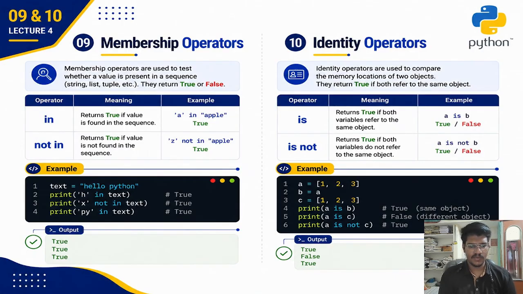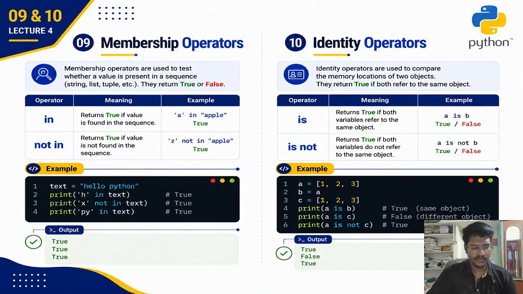First up, membership operators: in and not in. These are used to test whether a value or variable is found in a sequence. A sequence can be a string, list, tuple, set, or a dictionary, for keys. They return true or false.